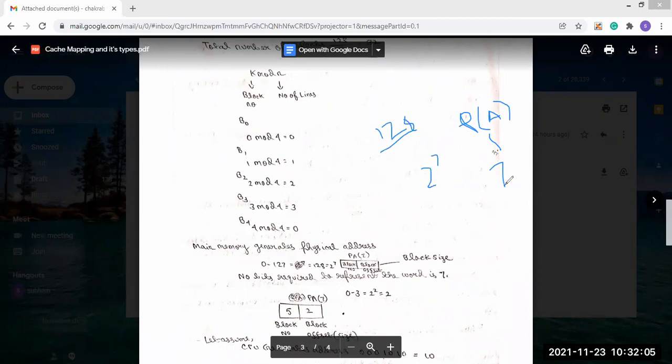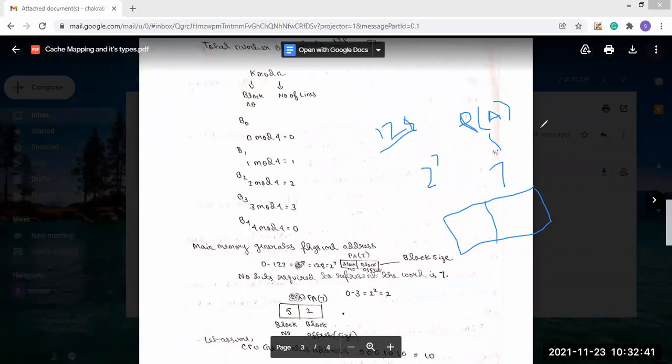Now, these 7 bits are divided into two parts: one is the block number and the other is the block offset. The block offset means the block size.